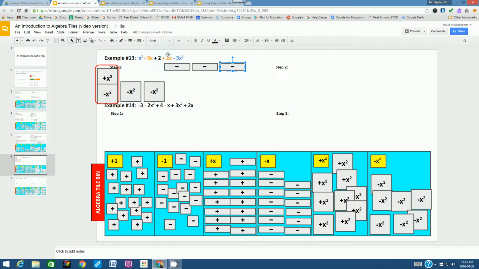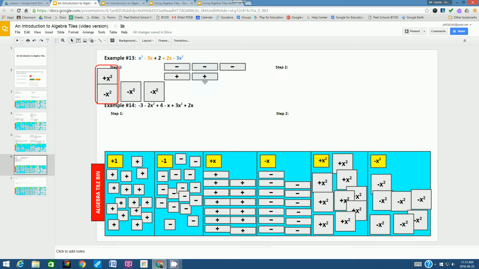Now I'm going to focus on this term, positive 2x. So my positive x's are here. Now, I stack them underneath the negative x tiles, because I notice that there are zero models here.